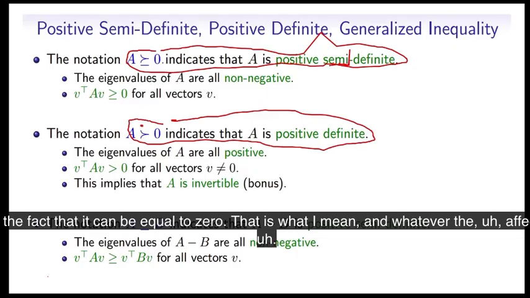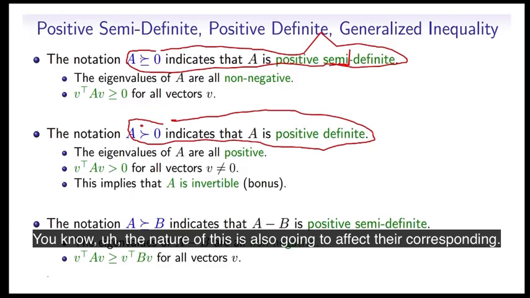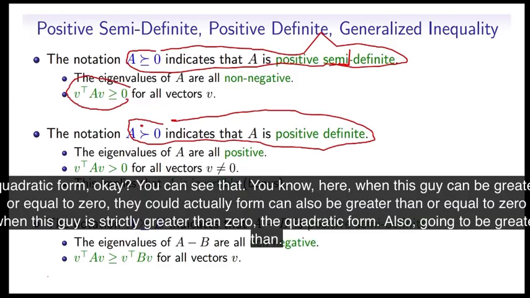Whatever affects the nature of this is also going to affect the corresponding quadratic form. You can see that here: when this can be greater or equal to zero, the quadratic form can also be greater or equal to zero. When this is strictly greater than zero, the quadratic form is also going to be greater than zero.